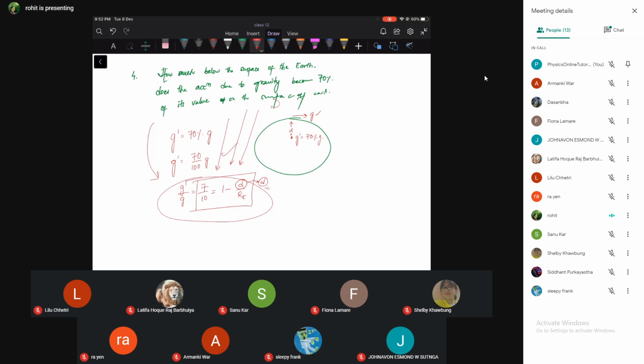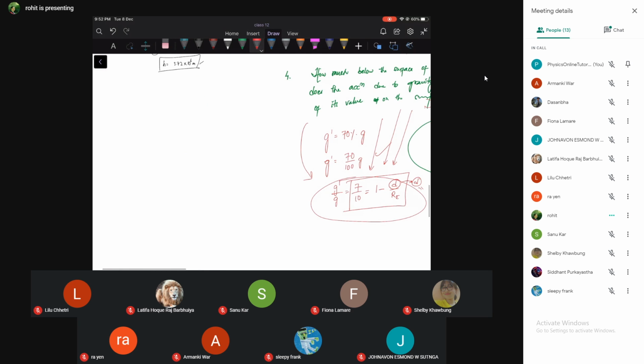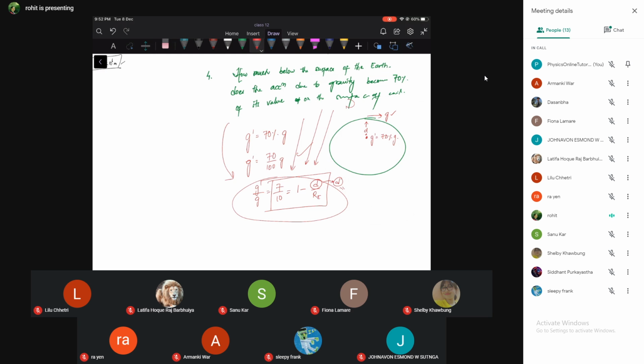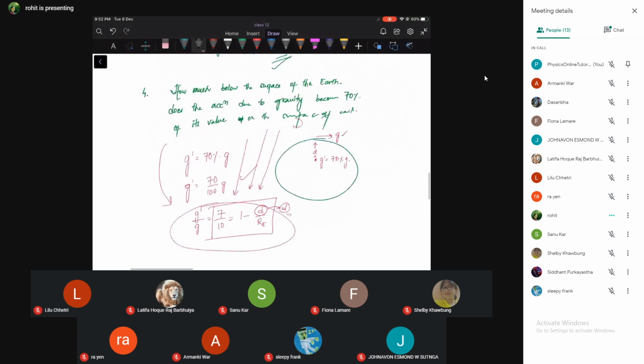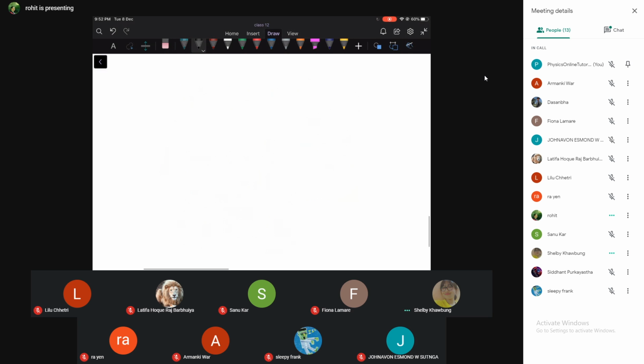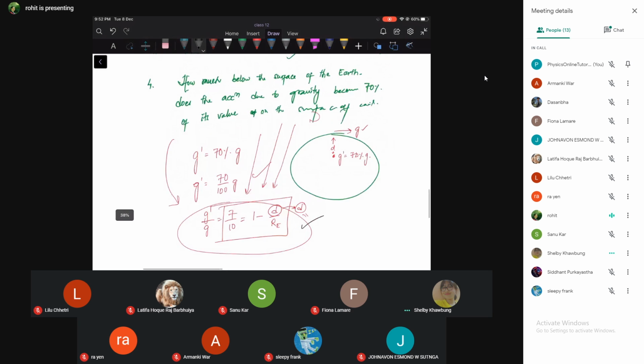Guys, is it okay for this topic right now? If you say it's okay, then I'll proceed to the next one. Is it okay if I do the numericals like this without showing you all the steps? I think you can follow, no? Yes, sir, it's fine.